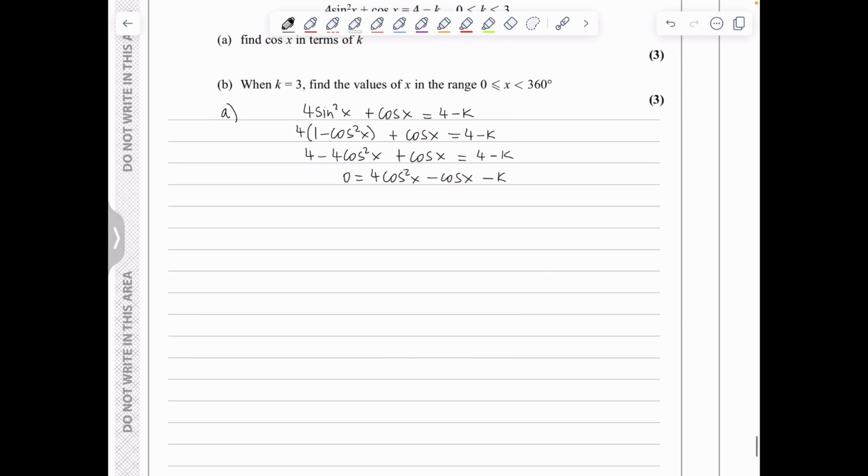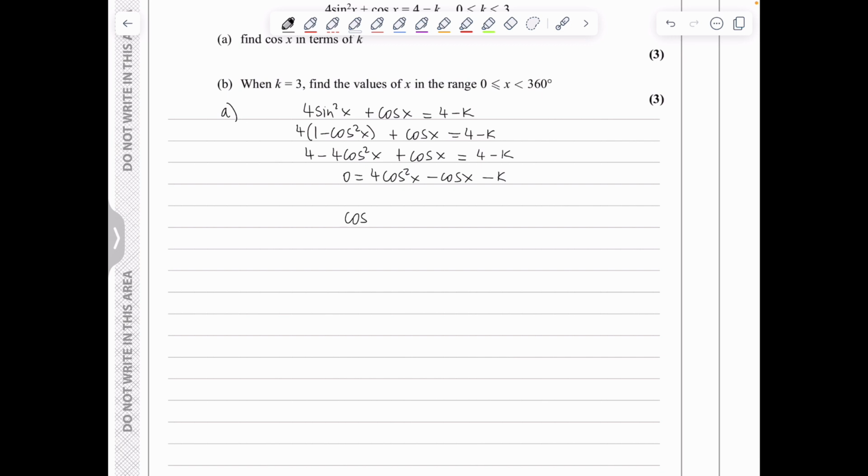So this means that cos x is minus b, so minus negative 1, plus minus the square root of b squared minus 4ac, and over 2a, which is 2 times 4. So this leads to cos x is equal to 1 plus minus the square root of 1 plus 16k, and all of it over 8.